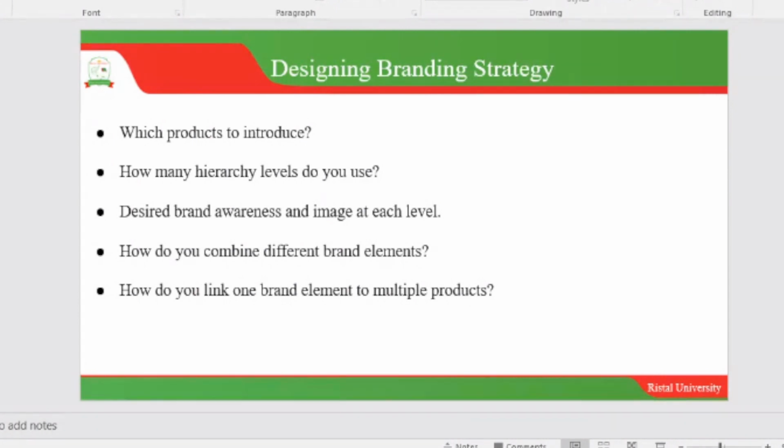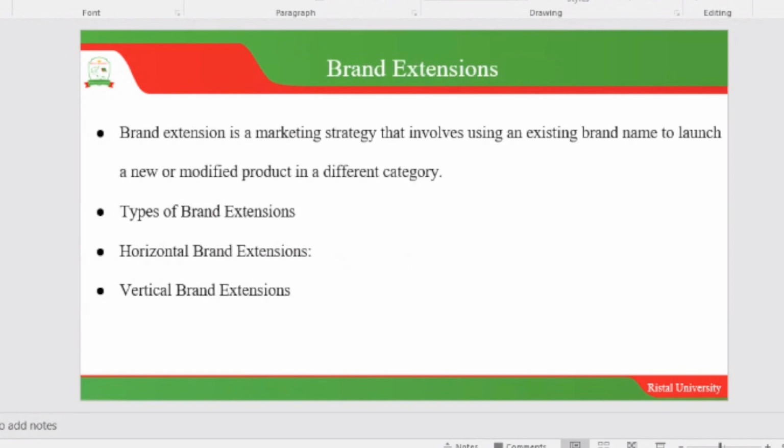But also, if you're looking at how many hierarchy levels do you use, you're able to understand the social dynamics of that particular target group that you're looking at. So all those will help you understand how clearly you can be able to do your designing of those two strategies in there. Then we want to look at another term here called brand extensions.